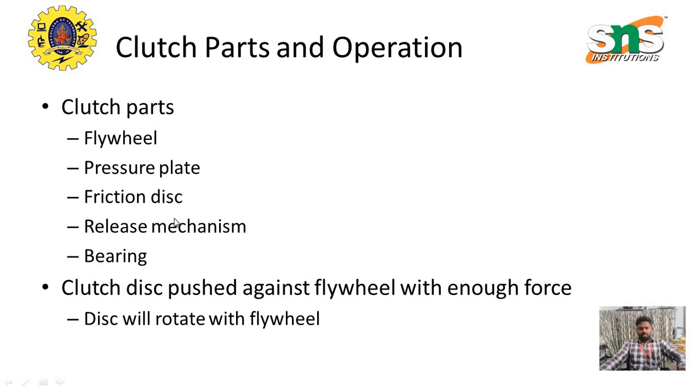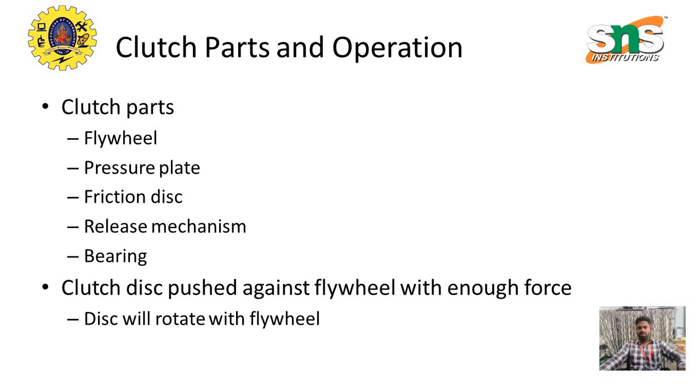The clutch plays a major role to engage or disengage the power from the engine to the transmission system. The entire transmission unit consists of various parts, including the engine, then clutch, gearbox mechanism, propeller shaft, that is drive shaft, and differential unit.